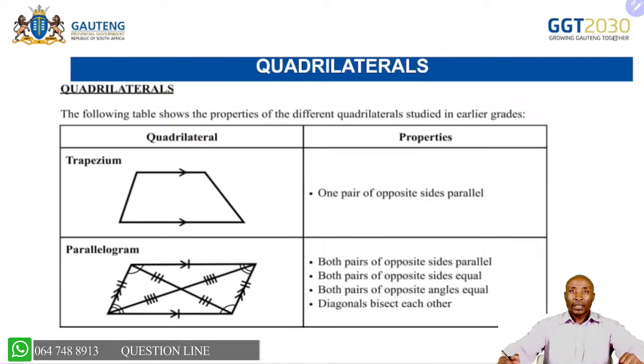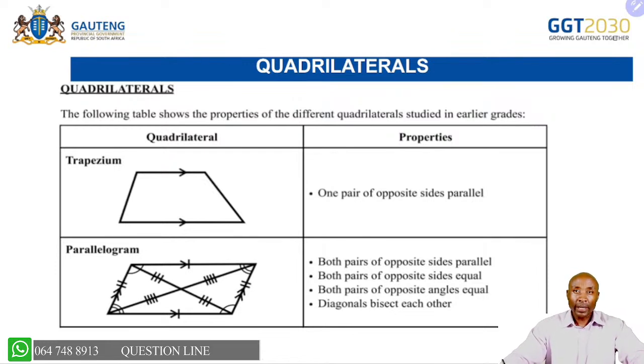The other part that we look at a lot in analytical geometry are our triangles and our quadrilaterals. We are expected to revise and know the properties of the basic quadrilaterals. Our trapezium, we know that it has only one pair of opposite sides that are parallel, and we do not talk about the equal sides in a trapezium.